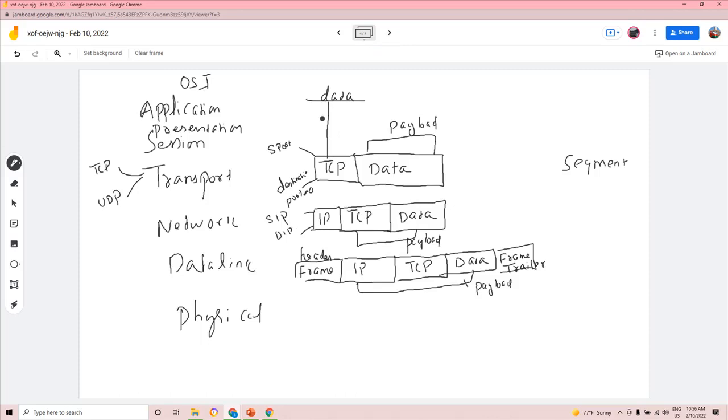The data comes to the transport layer, the TCP header is fixed. When the data comes to the network layer, the IP header is fixed. When the data comes to the data link layer, the frame header is fixed and the frame trailer is fixed. The frame header will have the source MAC address and the destination MAC address.